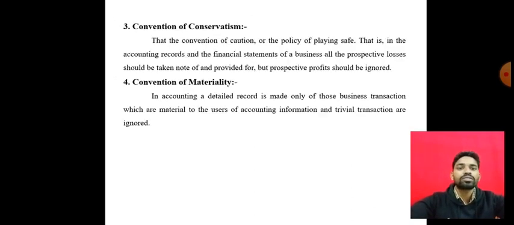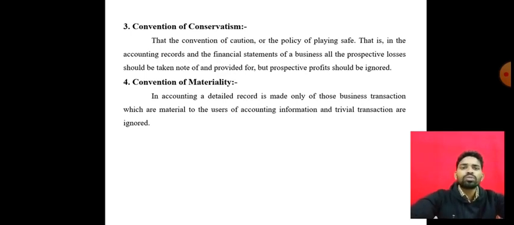The next one is the convention of conservatism. It is the convention of caution, or the policy of playing safe. In the accounting records and financial statements of a business, all prospective losses should be taken note of and provided for, but prospective profits should be ignored.